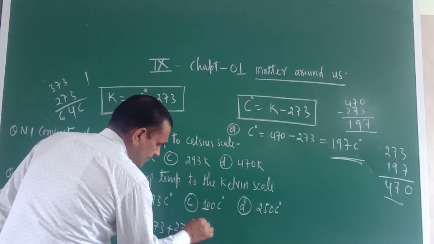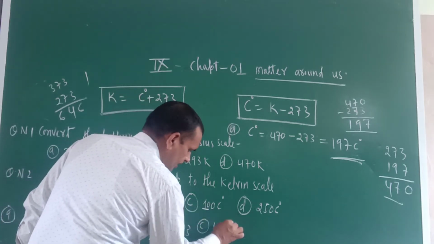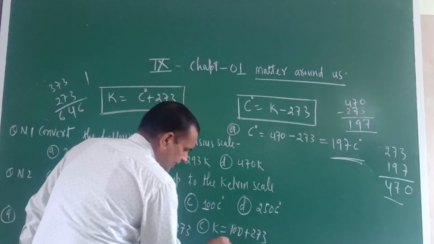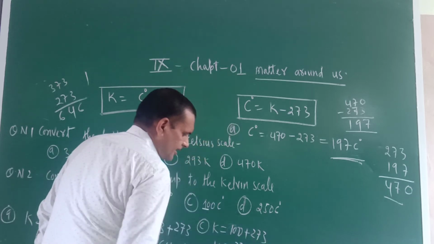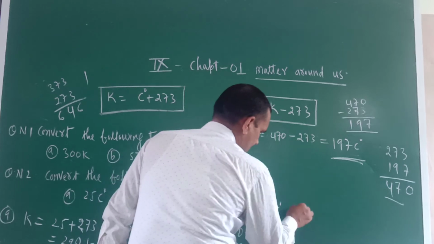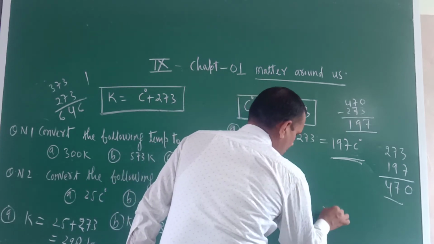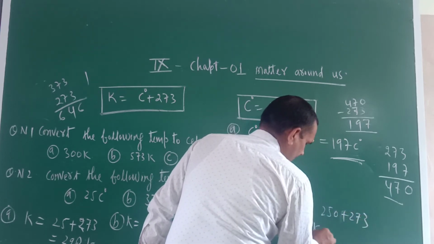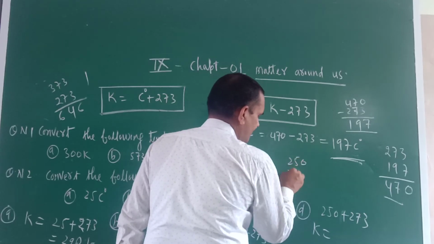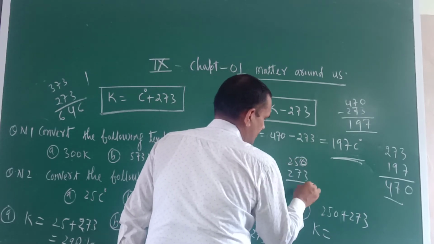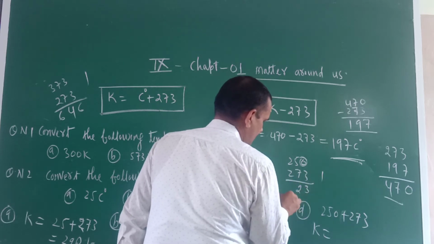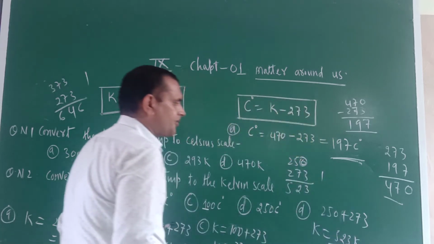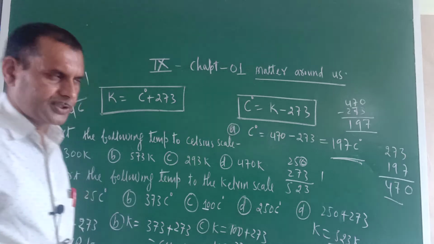And here, C: K equal to 100 degrees Celsius plus 273. So K equal to 373 Kelvin. And here, D: 250 degrees Celsius plus 273. So K equal to 523 Kelvin. Is there any problem?